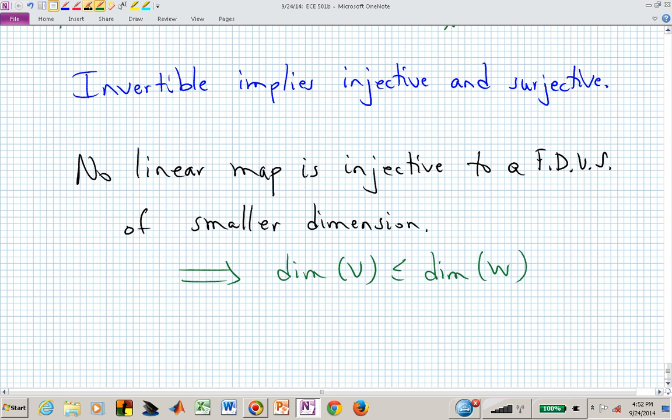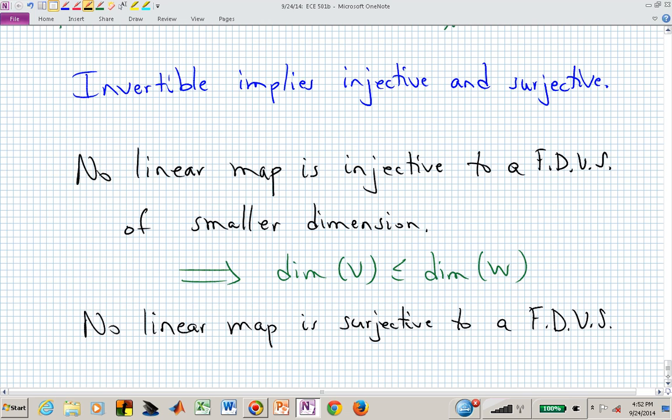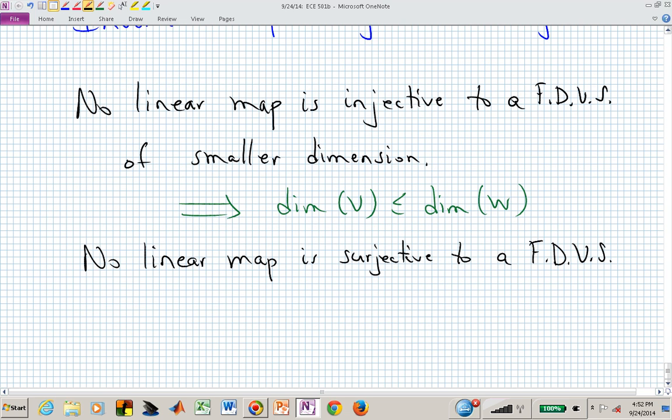We also know that no linear map is surjective to a finite dimensional vector space of larger dimension.